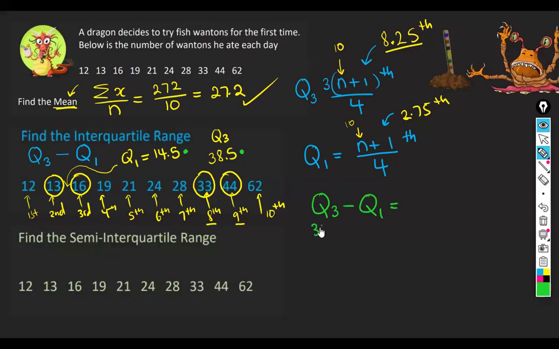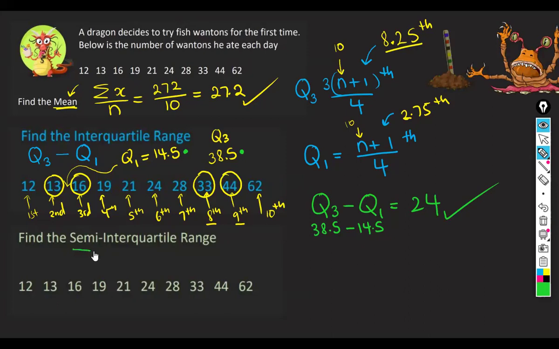So it's going to be 38.5 minus 14.5. How much is that? 38.5 minus 14.5, I got 24. That's my interquartile range. That's my final answer for the interquartile range.